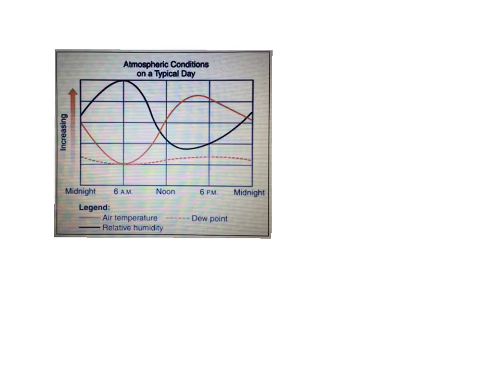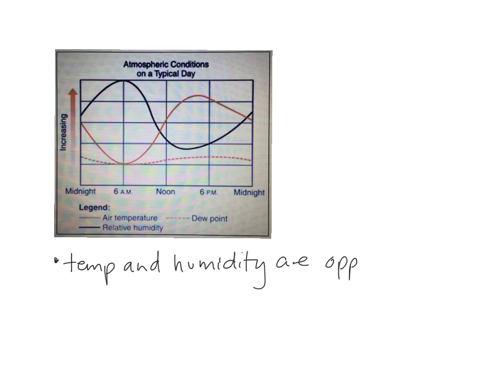Okay? The first point that we want to make while looking at this graph, and I'm going to write it first and then I'm going to show you on the graph, is that temperature and humidity are opposites.